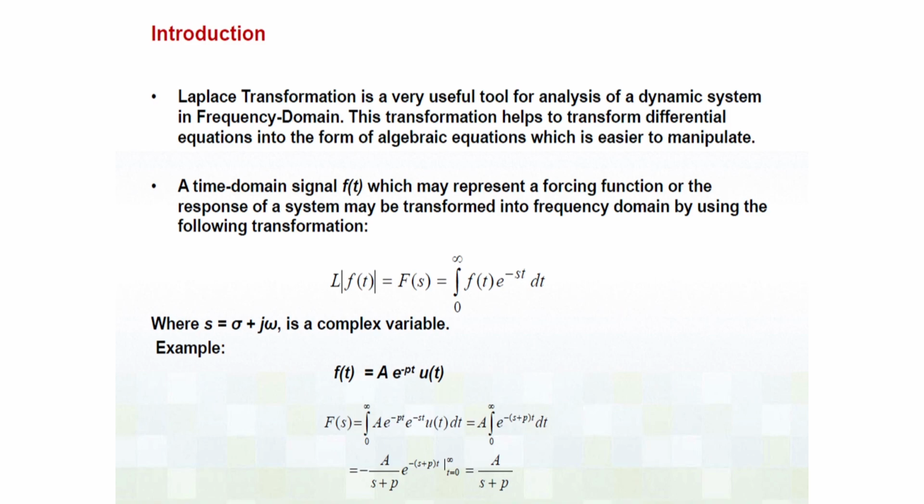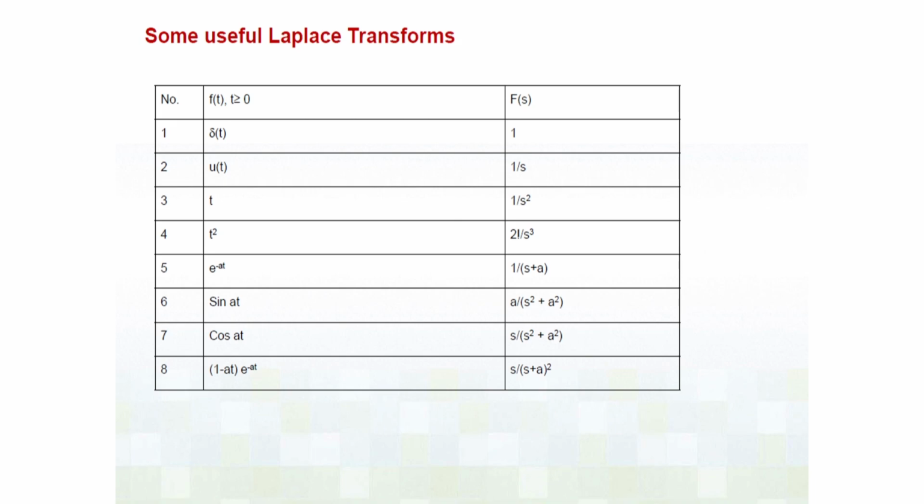Now, in order to review all these things, you need a little bit of knowledge of Laplace transformation. The first one, of course, I told already the definition of it, and then corresponding to different inputs, there is a table that we have to keep in our mind, like an impulse. This is impulse. The impulse Laplace transformation is unity. The unit step, so this is unit step, it is 1 over s.